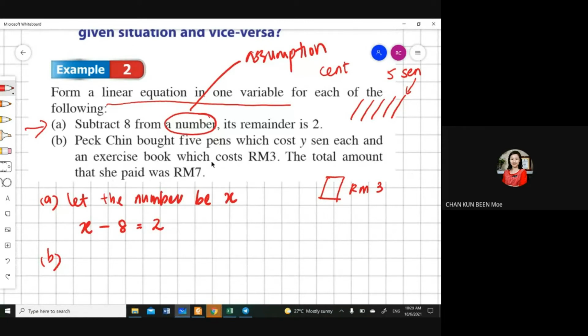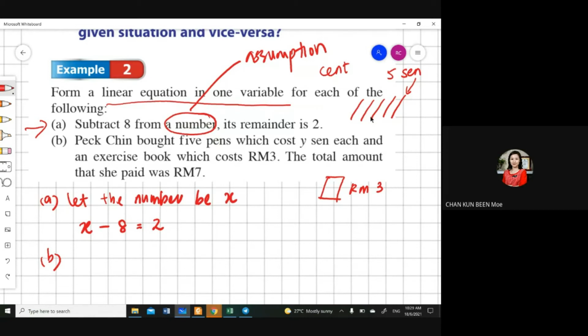So how are we going to represent it? Okay, if the pen is 5 cents, so cheap, can you get a 5-cent pen right now? Anywhere? No, right? So it's really cheap already. So you got to remember over here, the unit must be changed to the same unit. This is cent, this is RM.